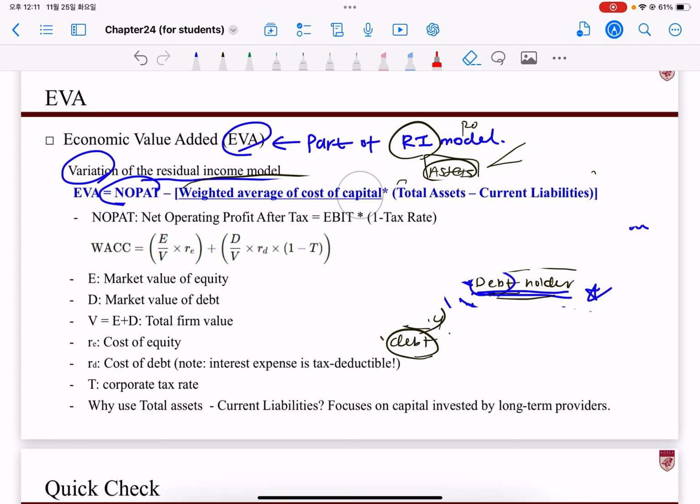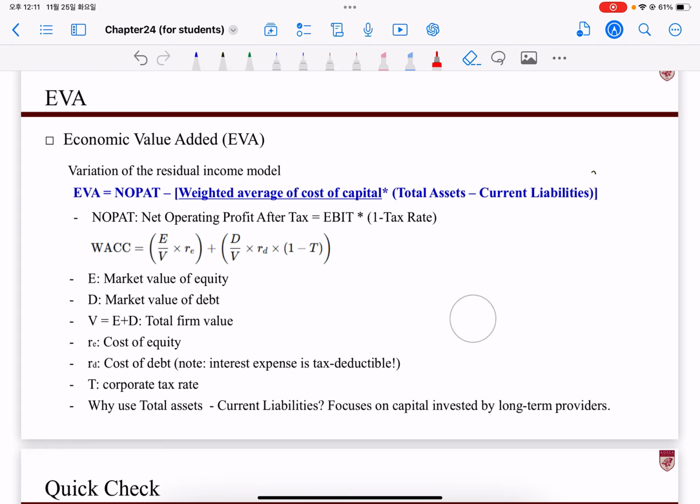Well, WACC looks like the following. So it's the market value of equity over the total firm value, which is the sum of the market value of equity plus the market value of debt. So that's V. So essentially we want to do the weighted average of the cost of equity and cost of debt right here.